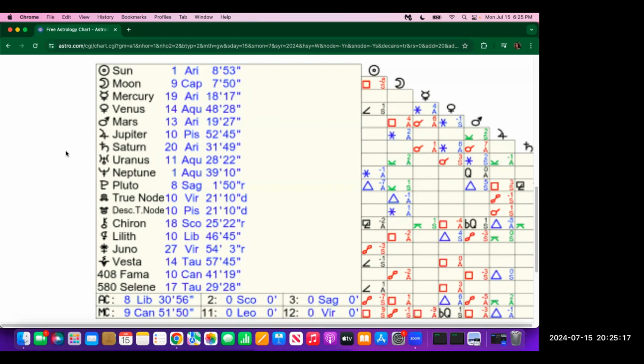When everyone figures out what house their chart ruler is in, just let me know, and then we can move on to the next thing. All right, Courtney's all set. And if anyone is having any issues finding their chart ruler, I'd be happy to help you navigate that as well.